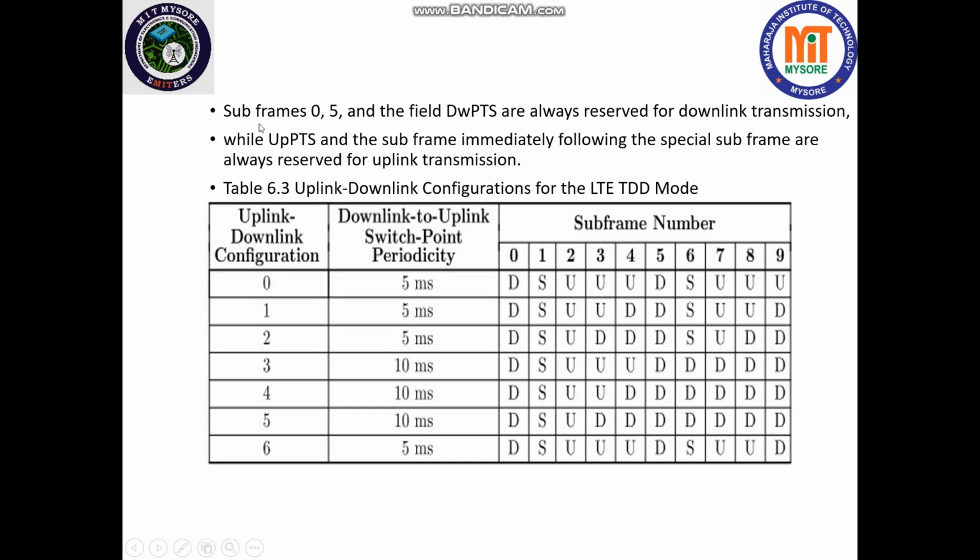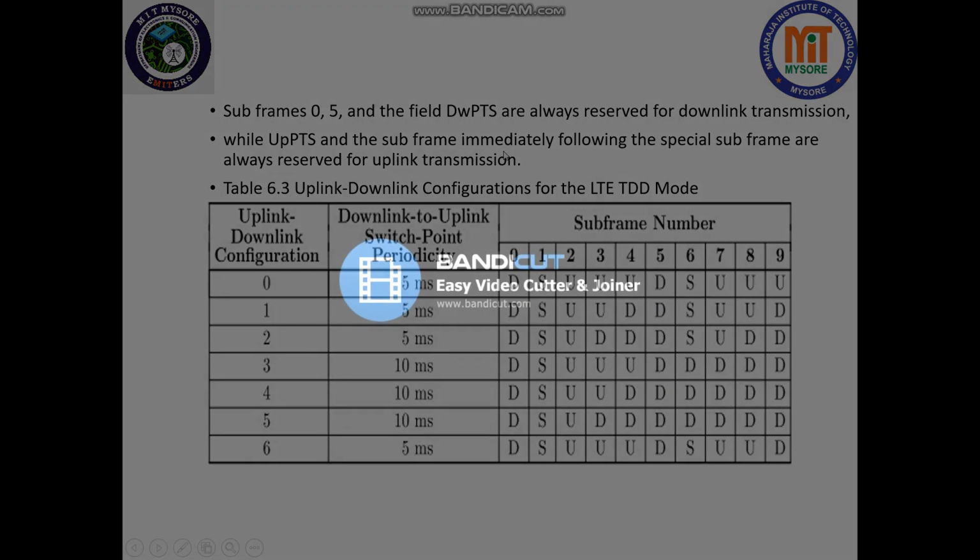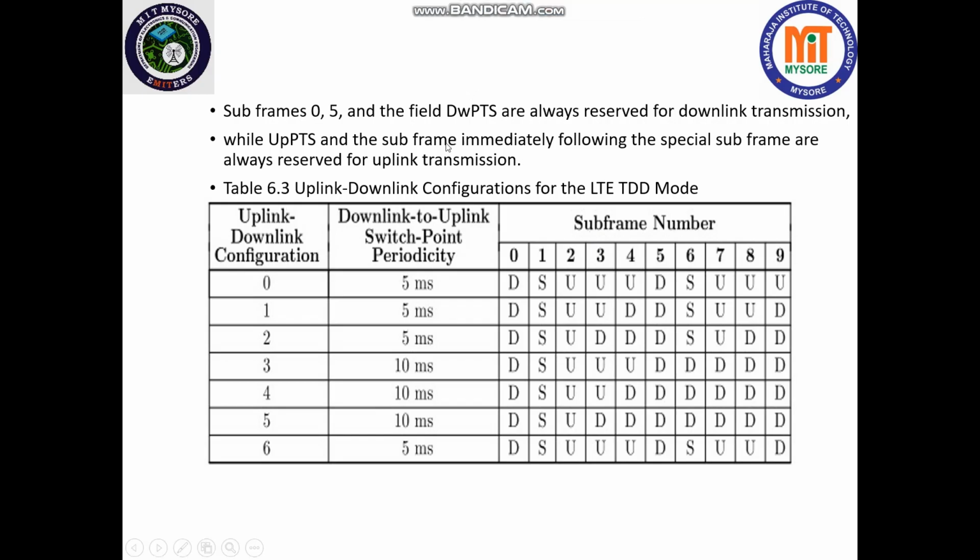Another thing is that subframes 0 and 5 and the field DwPTS are always reserved for downlink transmission. The 0th one, 5th one, everywhere you can see they are reserved for downlink transmission. The downlink pilot time slot is used for downlink transmission only.